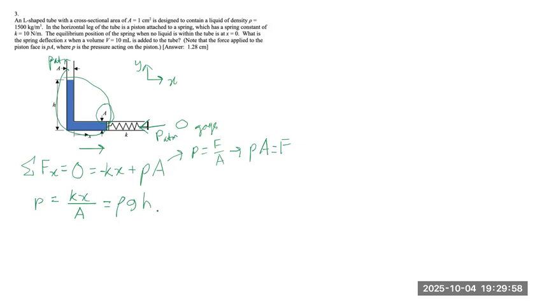Basically, this is another way of saying the weight of the column of water, related to the cross-sectional area, because the weight of the column of water acting over a cross-sectional area will constitute a force and thus a pressure.